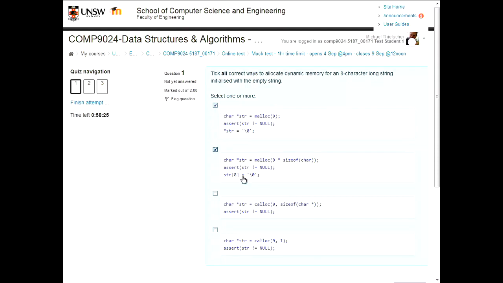What I want to illustrate is that suppose there are 2 correct answers and 2 wrong answers. Suppose the first 2 are correct. Then by ticking 1 correct answer, you will get 50%. That is 1 mark. By ticking this, you will get another 50%. That would give you 100% or exactly 2 marks.